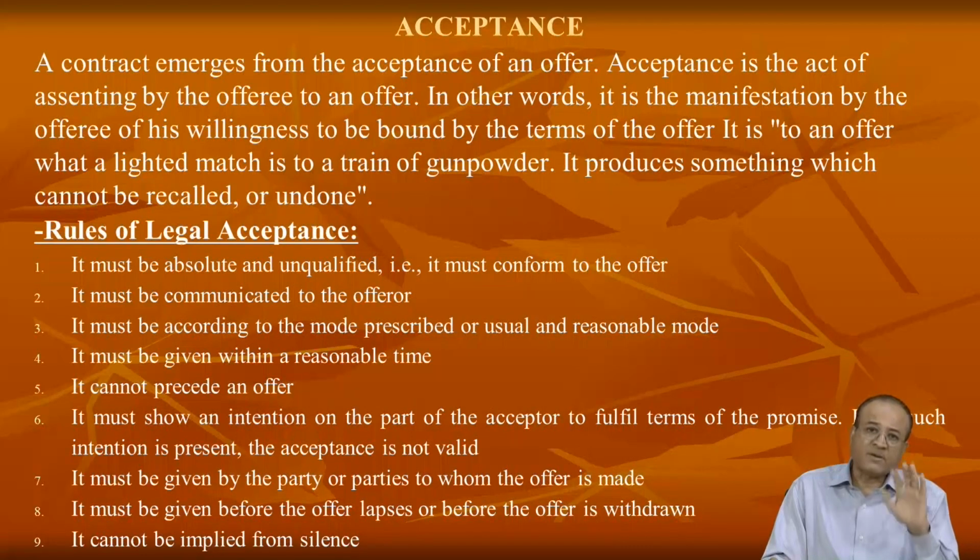If the acceptance is not according to the mode prescribed, or some usual and reasonable mode where no mode is prescribed, the offerer may intimate to the offeree within a reasonable time that the acceptance is not according to the mode prescribed and may insist that the offer must be accepted in the prescribed mode only.